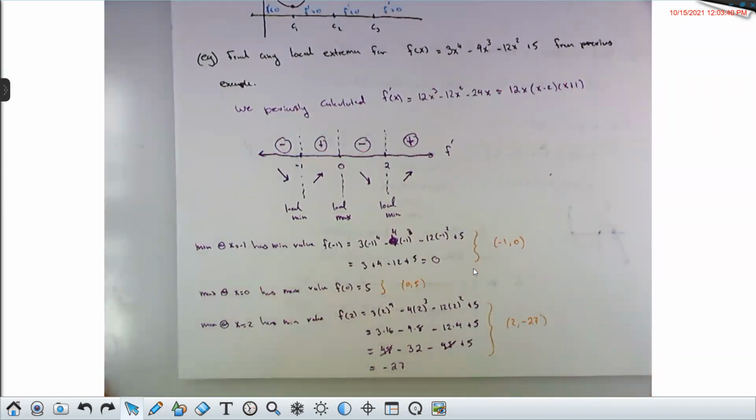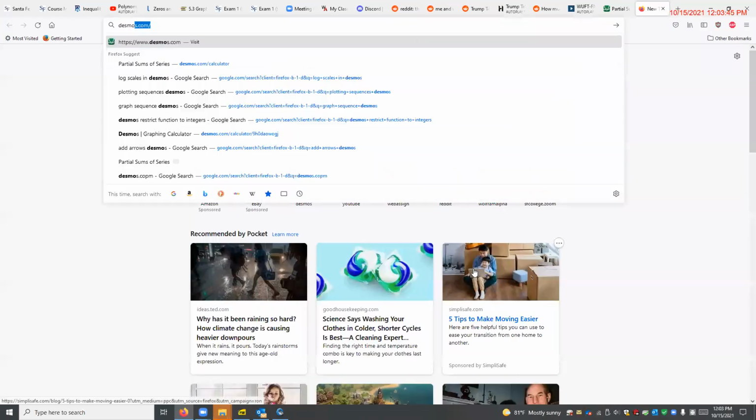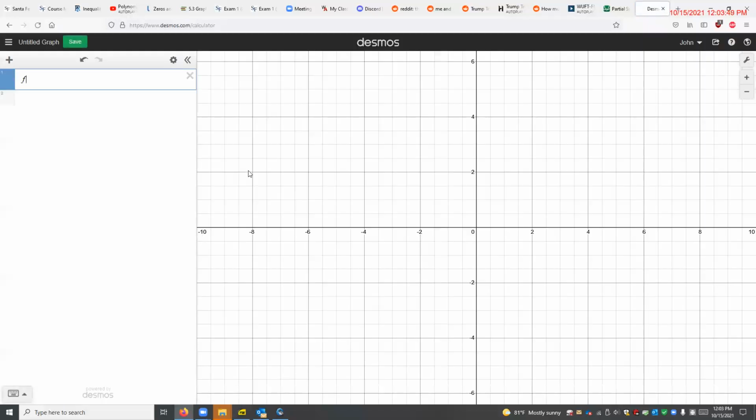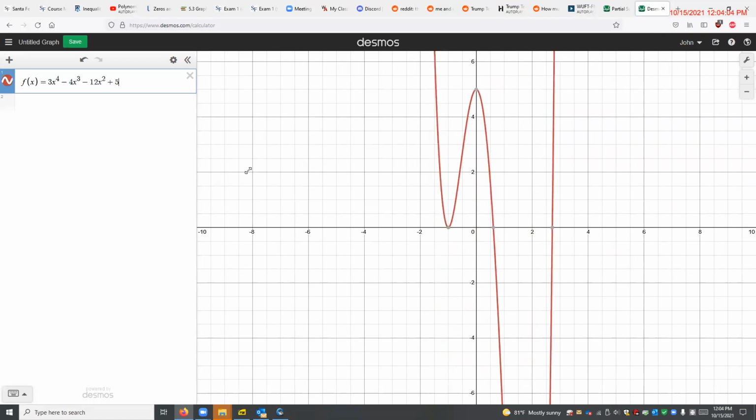And if I look at the graph of this function in Desmos, x to the 4 minus 4x cubed minus 12x squared plus 5.